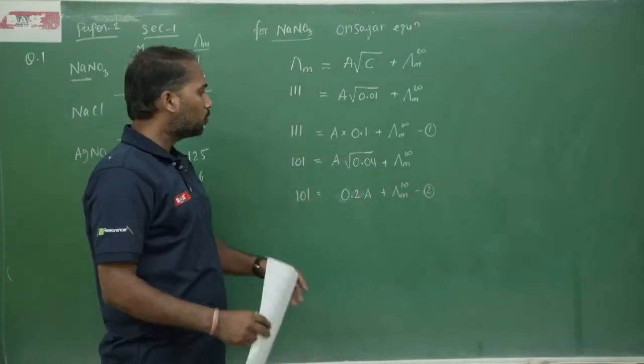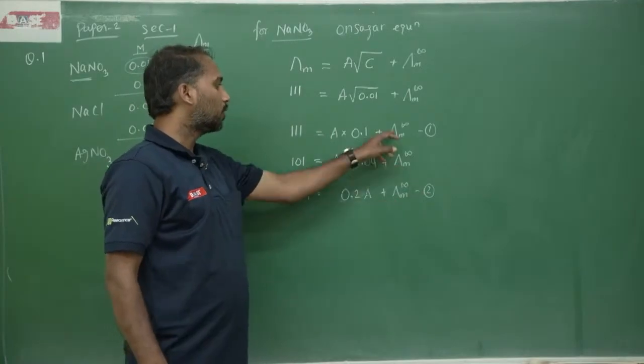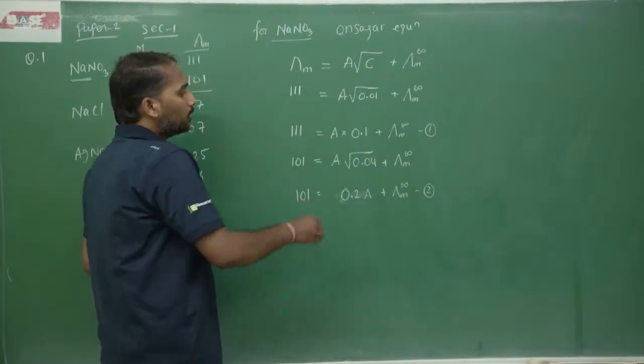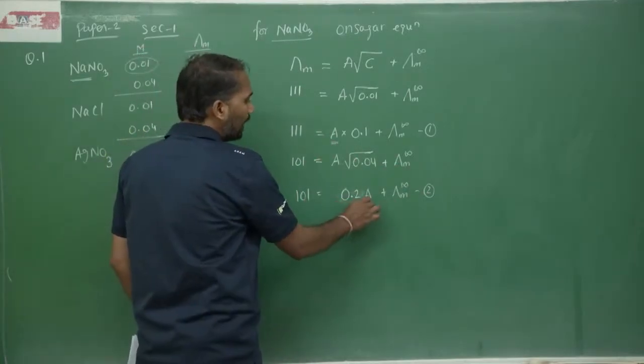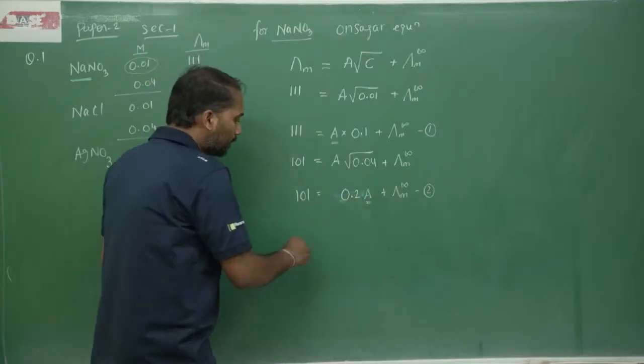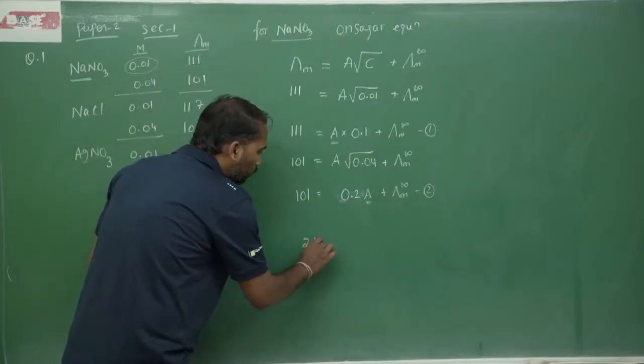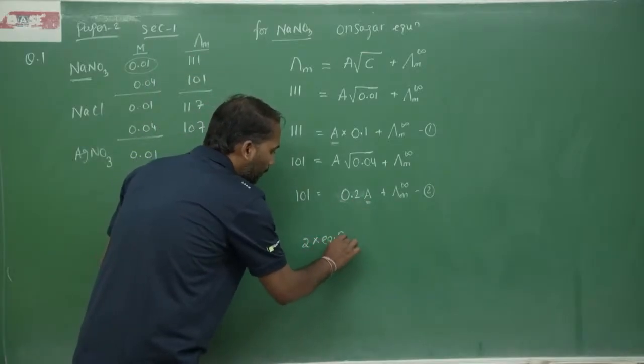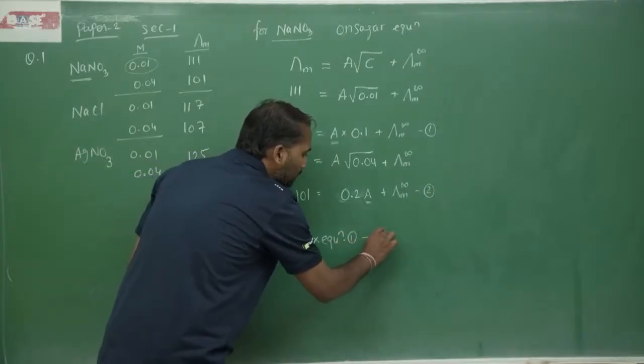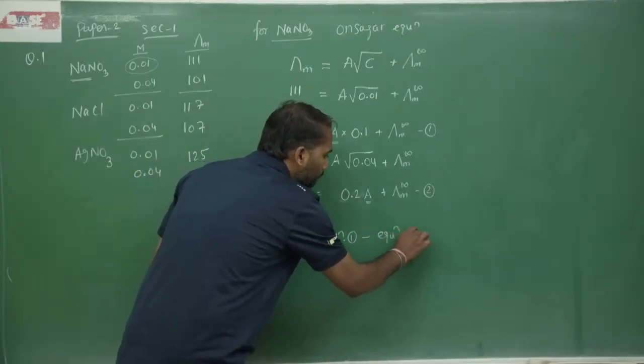Now my aim is to calculate the lambda infinite value. The A value being unknown, I will eliminate it. So I'll write 2 into equation 1 and from that subtract equation 2.